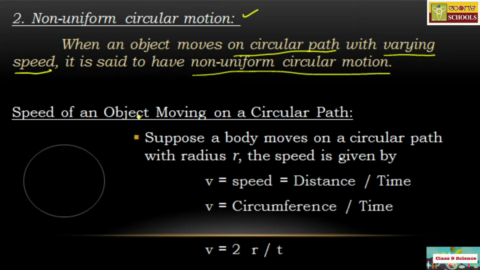Speed of an object moving on a circular path. So assuming an object is moving in a circular path, we are calculating the speed of it.